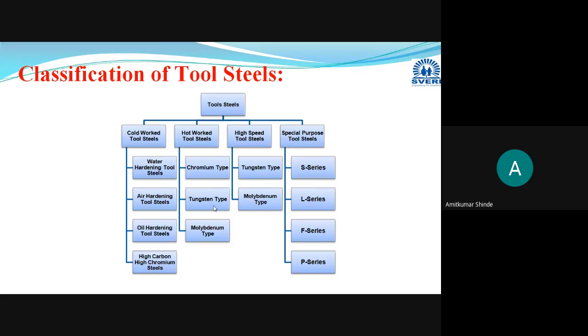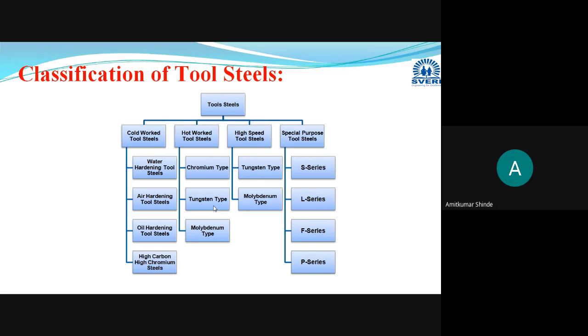Here, we will discuss on which basis this classification is done, and we are going to discuss the composition, properties, and applications for each type.